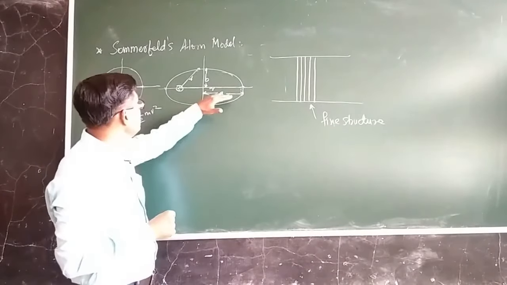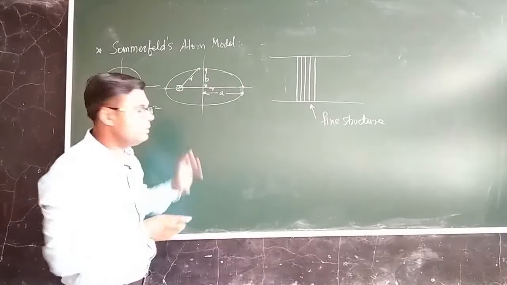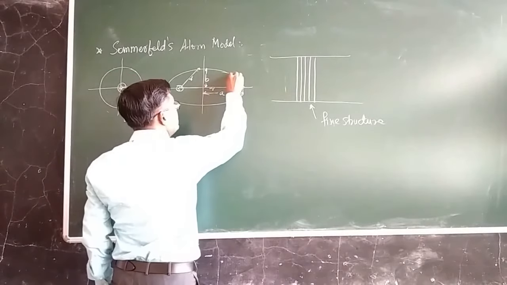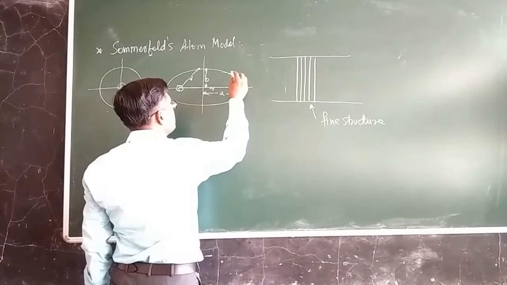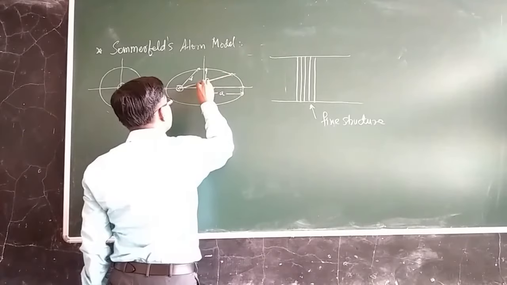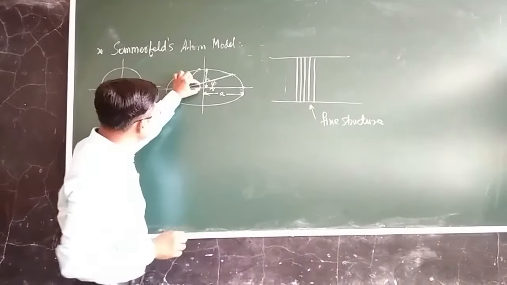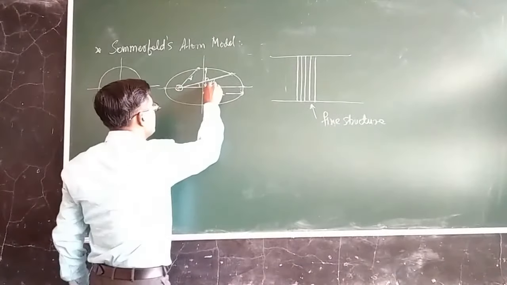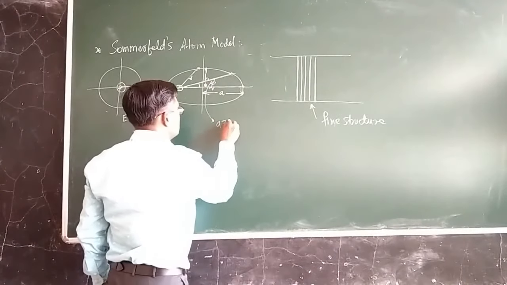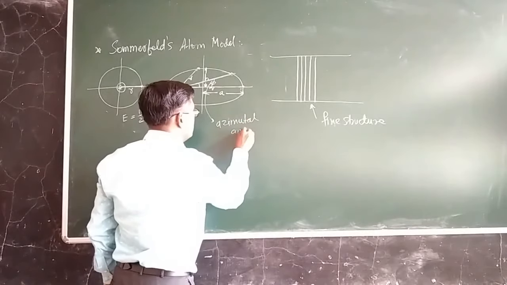Not only the radius vector: if you want to denote the position of the electron in the elliptical orbit, the position of the electron at any particular time will be denoted by two variables. One is the radius vector and another is a quantity denoted by phi. This particular angle is called the azimuthal angle.